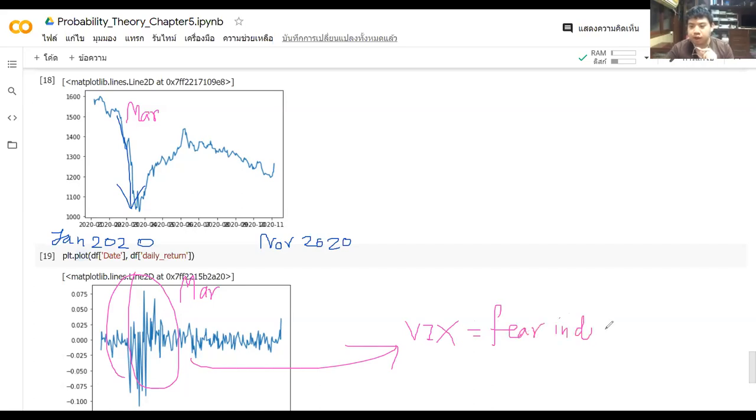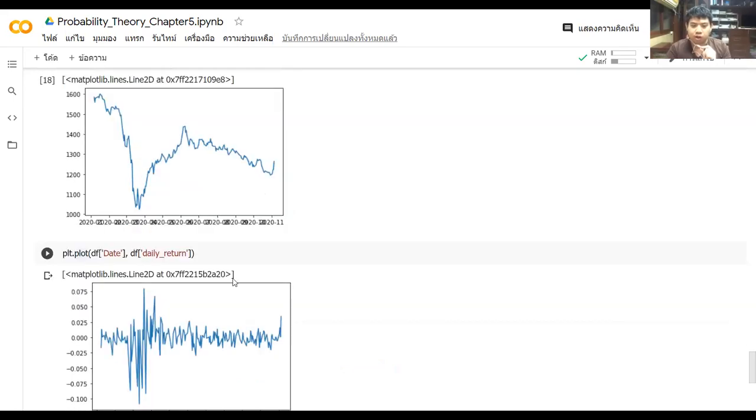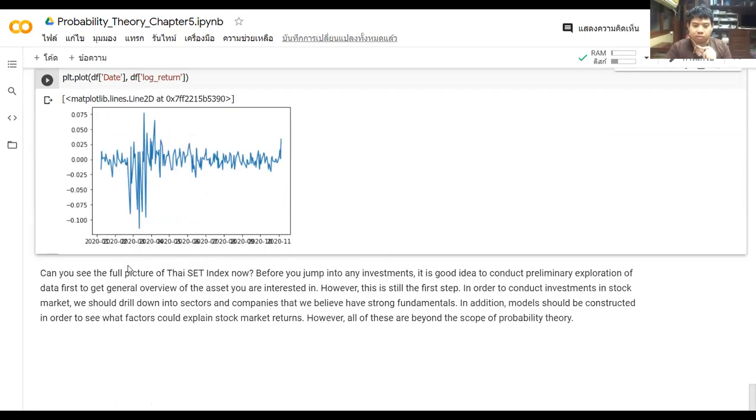If it increases, it means people fear more. So this shows a similar pattern. March in the USA shows a similar kind of picture. And this explains why we find that extremely unlucky events happen around COVID-19. The log return shows a similar pattern.